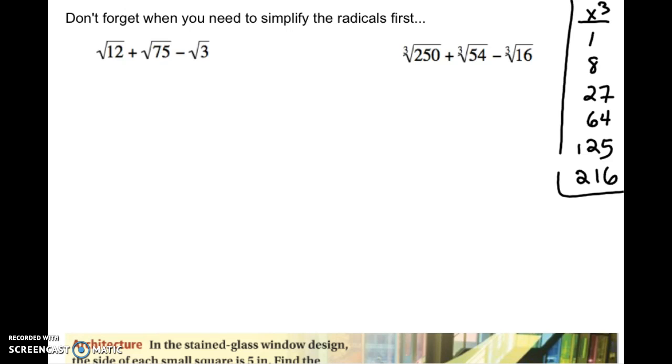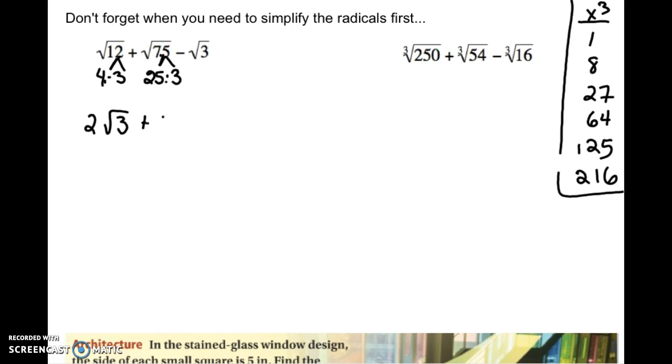Sometimes they're not so nice because here on page 13, 12, 75, 3 are not like terms, but they will be. We can break 12 down into 4 times 3 because the square root of 4 is 2, and we're left with radical 3. 75 can break into 25 times 3.